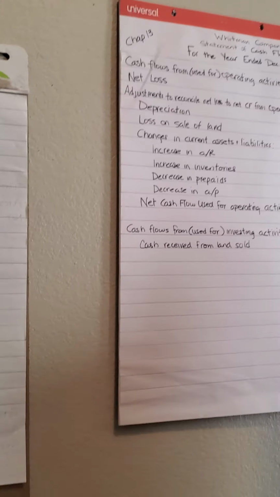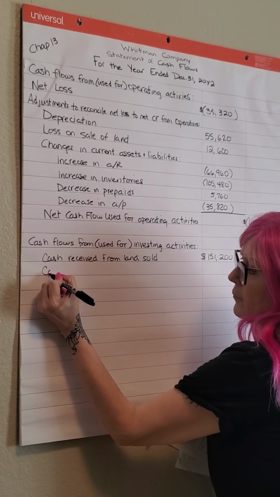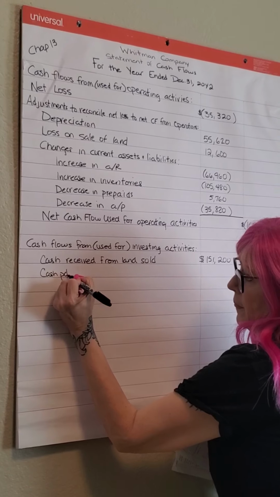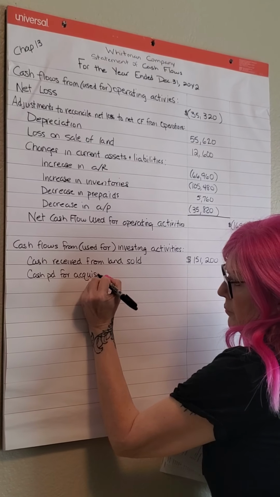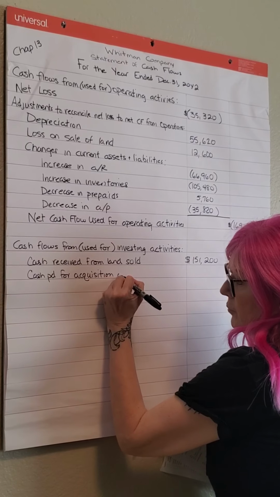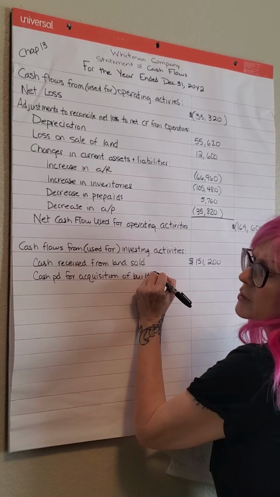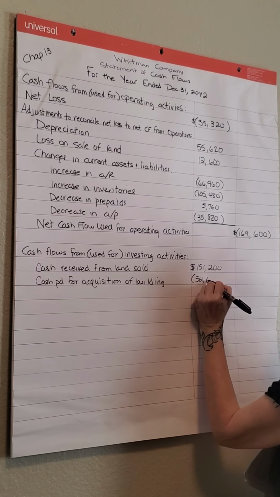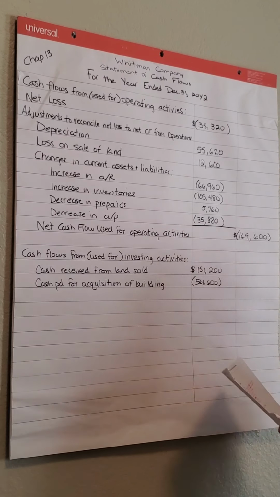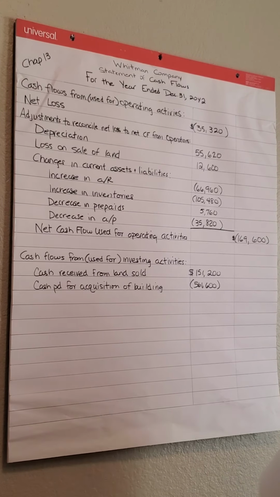So on the statement of cash flows, we're going to put cash paid for acquisition of building. That's an outflow of cash, so we're going to put that in parentheses. So that was the $561,600.